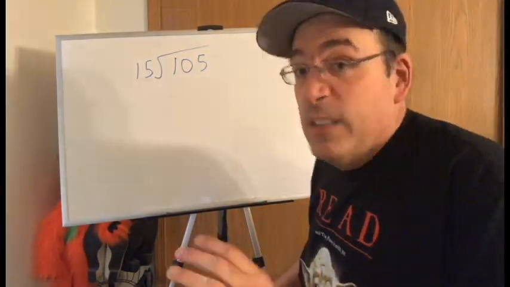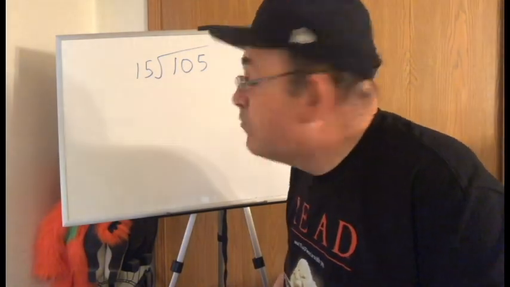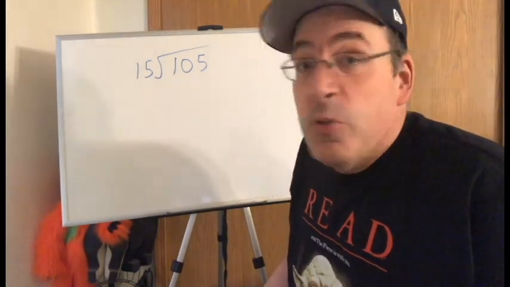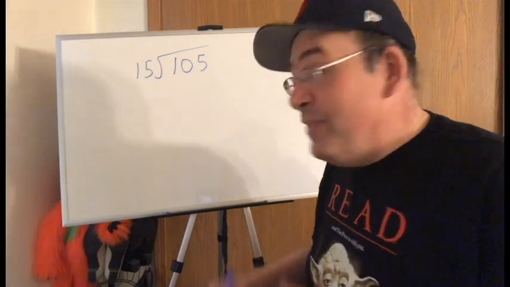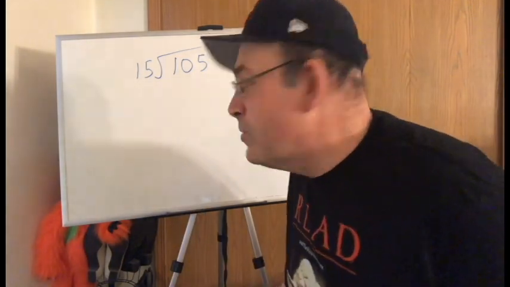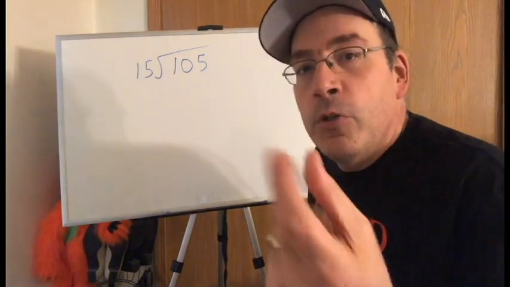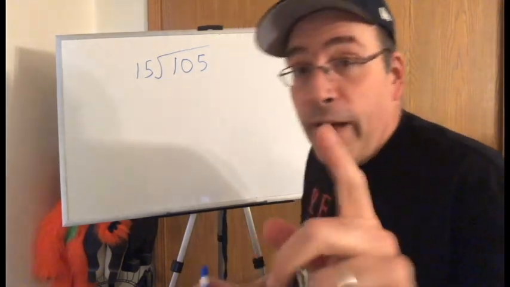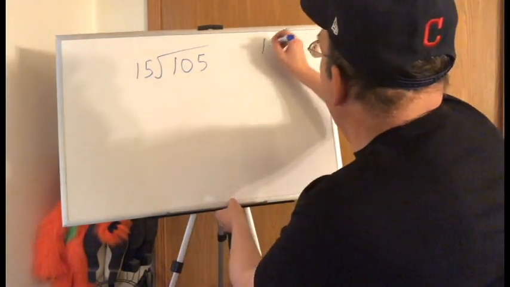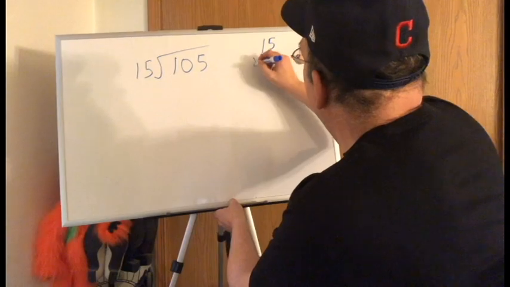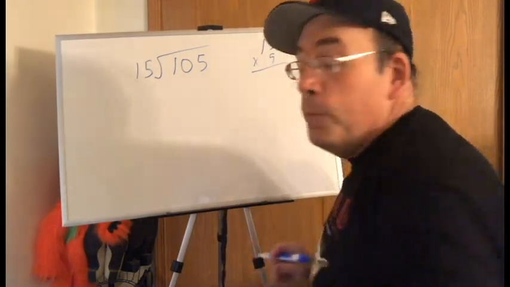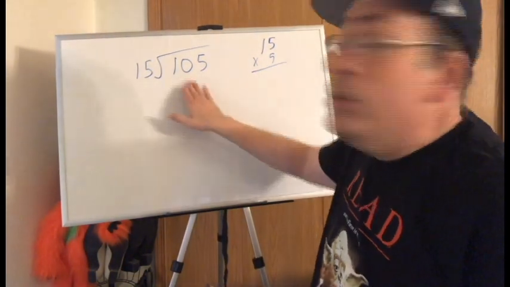So I need to go lower than that. Friendly numbers, let's try 5 again. 2s, 5s, and 10s are the friendliest groups because they're the ones that most people know right away. So let's do our 5. So 15 times 5. Hopefully that gets us really close to 105.